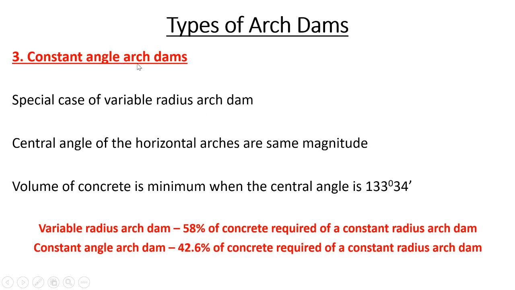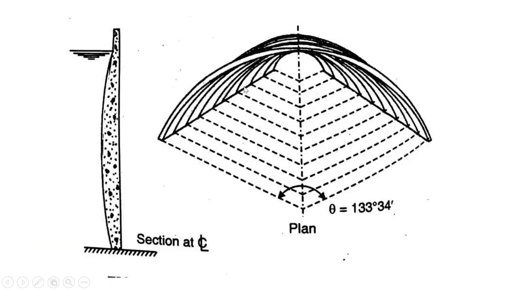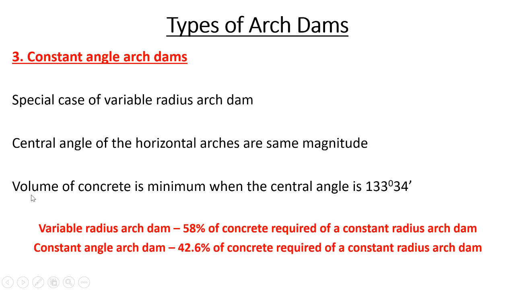Now I will tell you the importance of this particular angle, 133 degree 34 minute. For a minimum volume concrete arch dam, the central angle must be 133 degree 34 minute. The derivation for this particular case you will see in the upcoming session of thin cylinder theory.